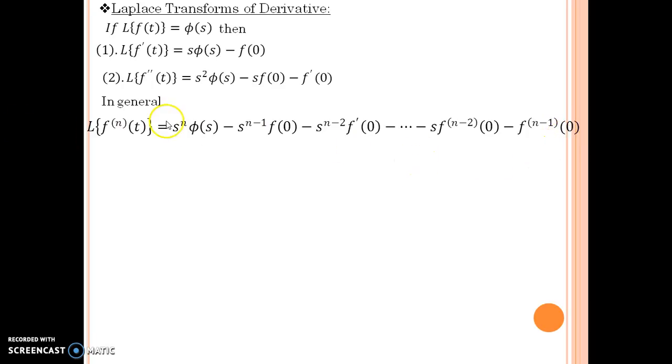It appears a very long formula, but there's an easy way to remember this. Let us see that way.